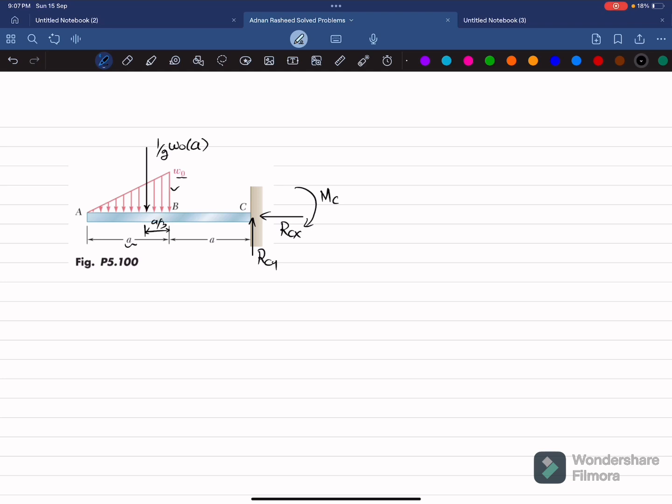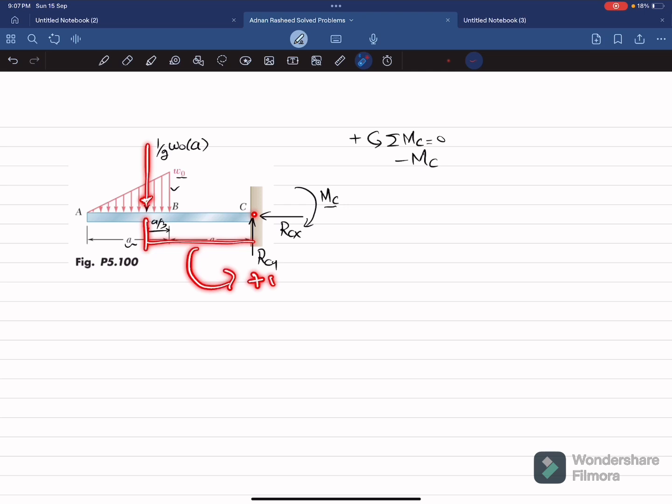Clear? So now apply the equation of equilibrium that sum of all moments about point C is equal to 0, taking the counterclockwise moment as positive. So about point C, one moment is minus MC, which is the reaction moment, and the second moment about point C is this load into perpendicular distance, and this is producing counterclockwise moment. So a by 3 plus a will give you 4a by 3.